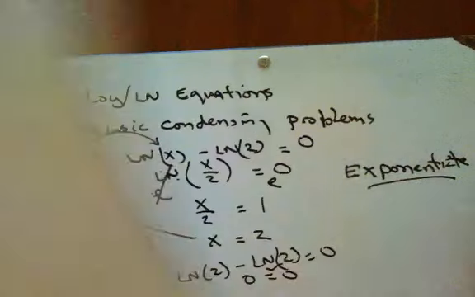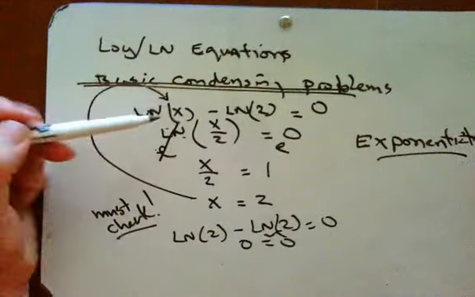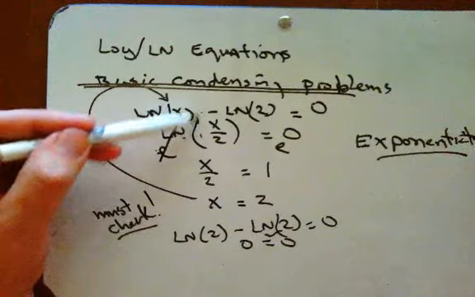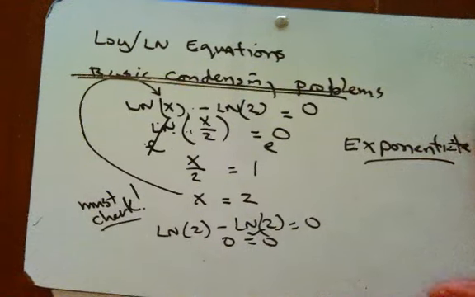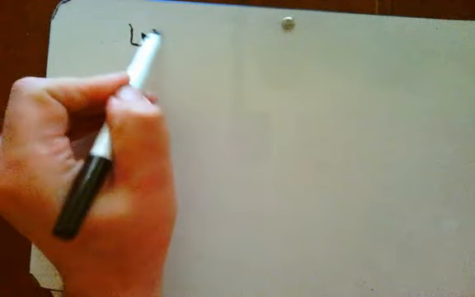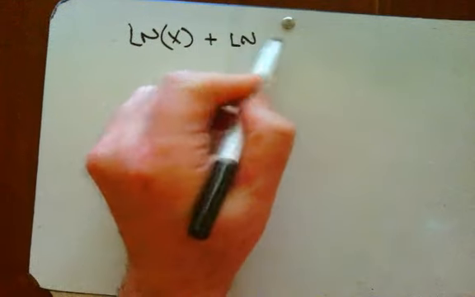Or you could exponentiate both sides. And you could say e to the ln cancels, e to the ln cancels, and you get x equals 2. So those are other ways of solving the same problem, but the directions were to solve by condensing, and so I wanted to show my mastery of the log properties here and apply those.